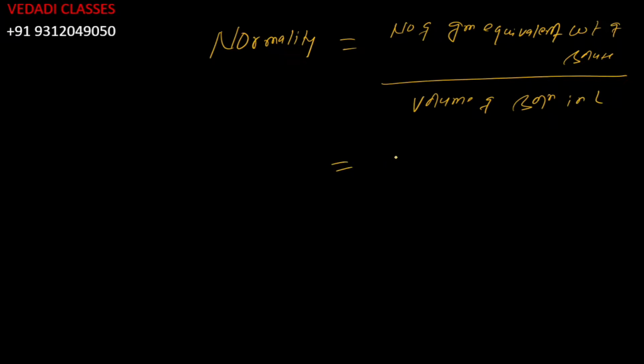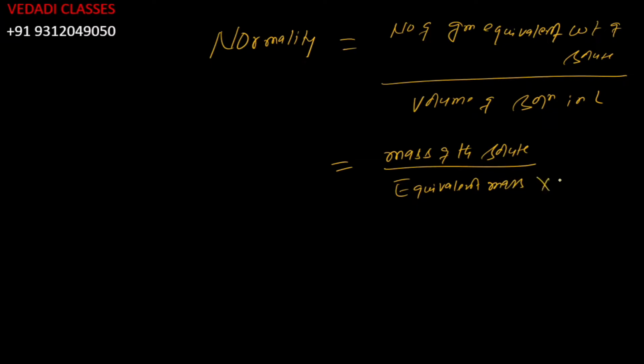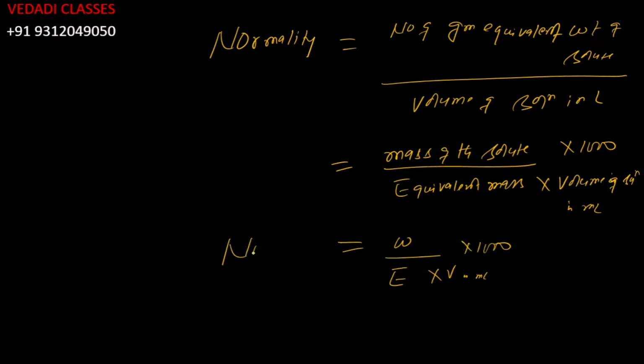It is the mass of the solute in gram upon equivalent weight, or equivalent mass, into volume of solution in milliliter into 1000. So mass is small w, equivalent weight is E, and the volume is V in ml, into 1000. So this is your normality.